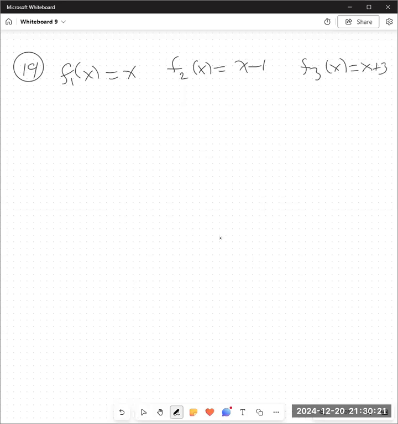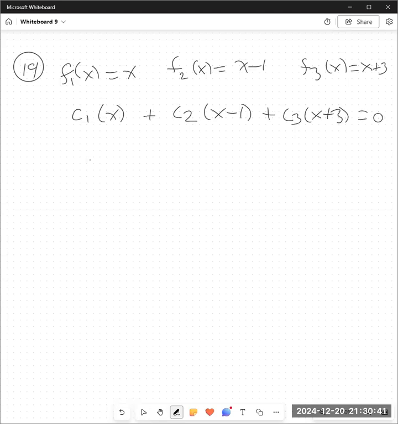So let's try this here and see if we can take C1 times x plus C2 times x minus 1 plus C3 times x plus 3, get it equal to 0.